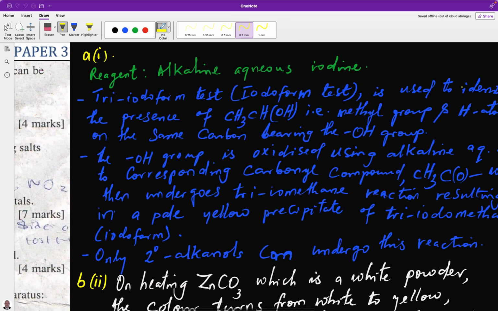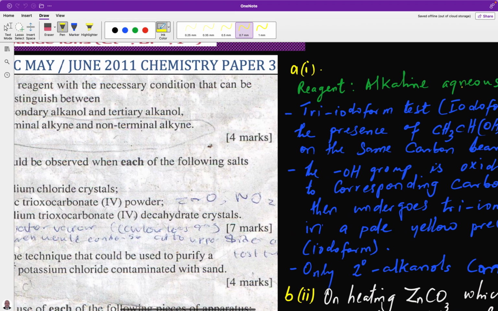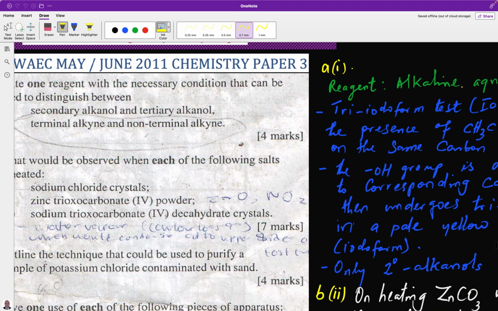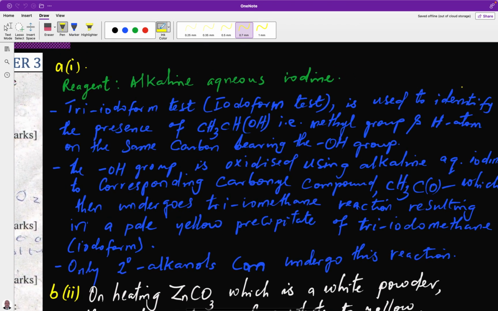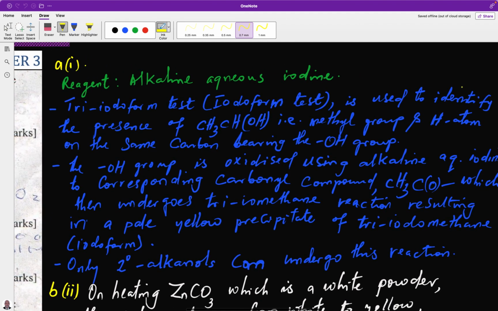So now, the reagent that can be used to distinguish between secondary and tertiary alkanol here is alkaline aqueous iodine. Alkaline aqueous iodine.